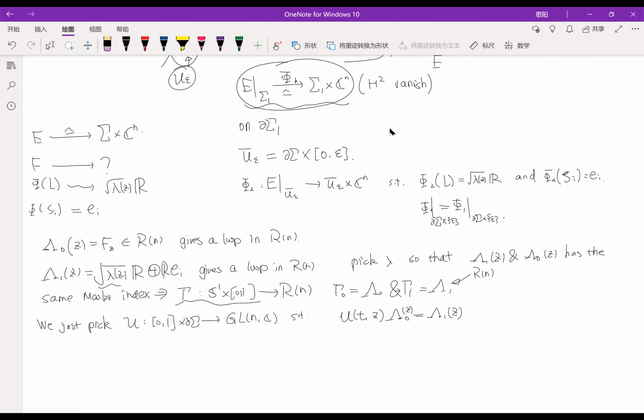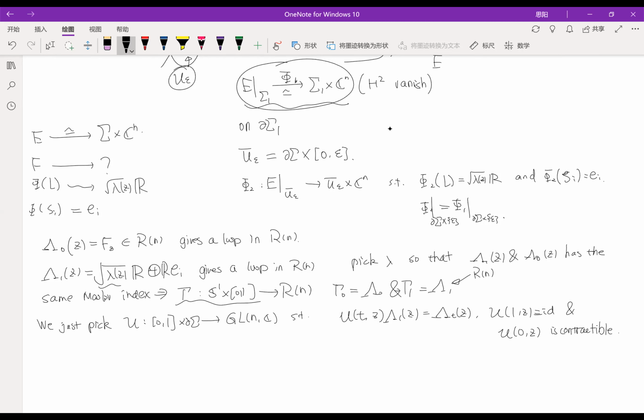So it should be the converse: it should map lambda 1(z) to lambda t(z). So we know that U_1(z) is the identity and U_0(z) is contractible. So this map gives a homotopy between the identity and some contractible loop.